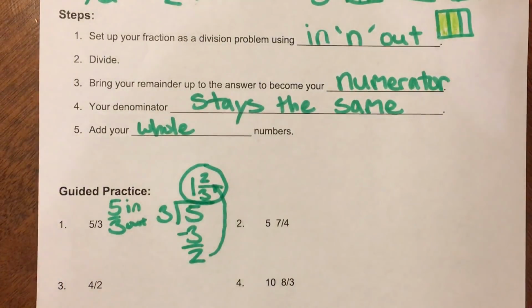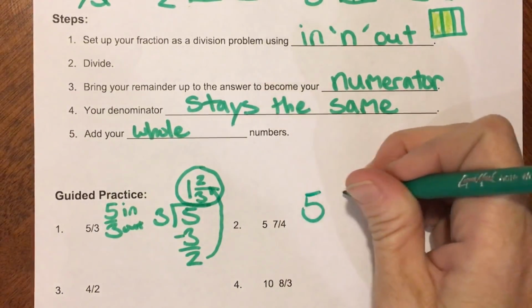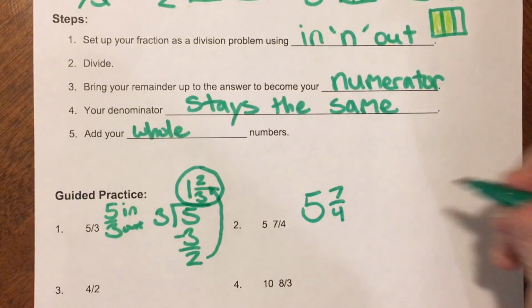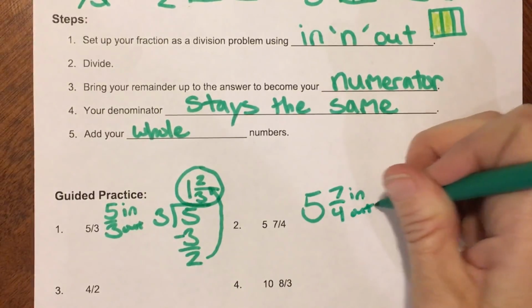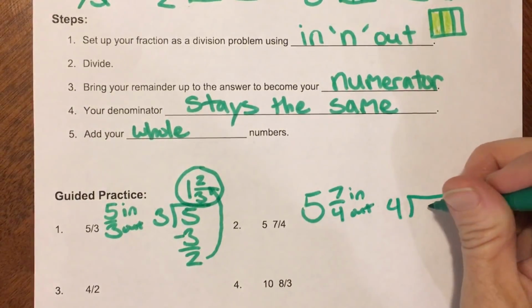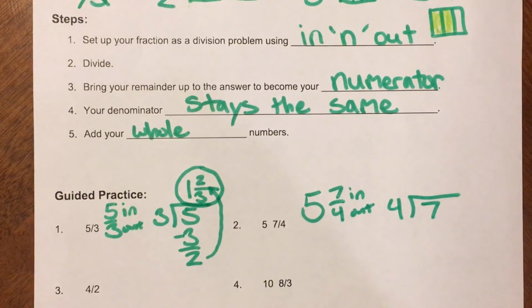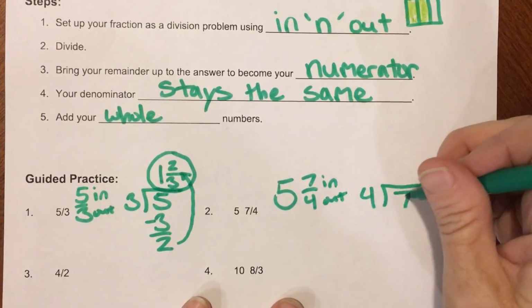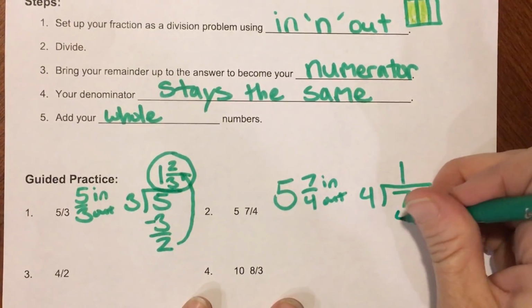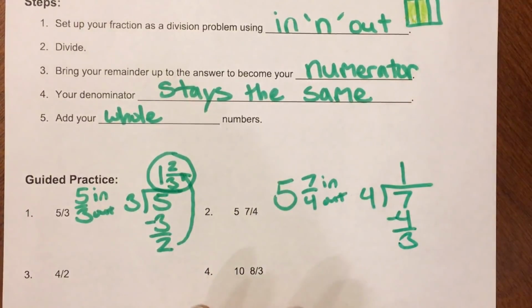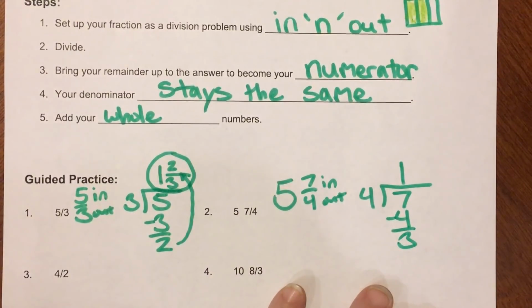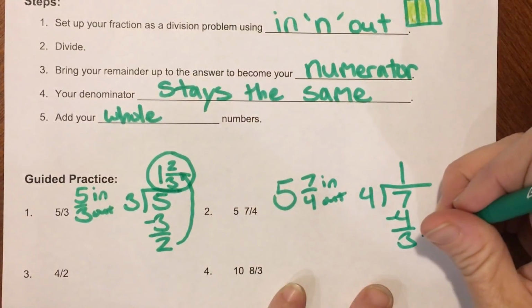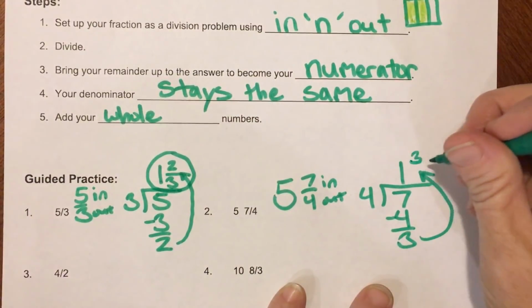Okay, let's try another one. 5 7/4. So I'm going to write it this way. Okay, step 1, set up using in and out. Step 2, let's divide. 4 can go into 7 once. 1 times 4 is 4, and I'm left with 3. Okay, step 3, bring my remainder up to be a numerator.